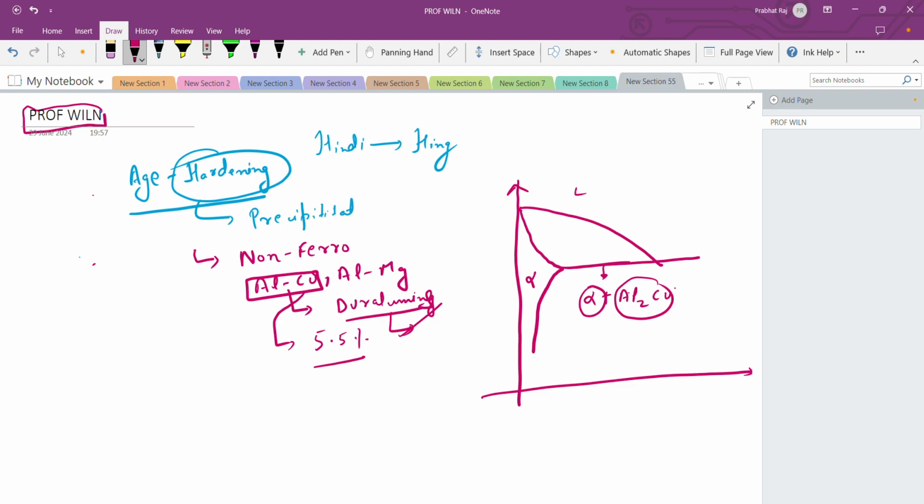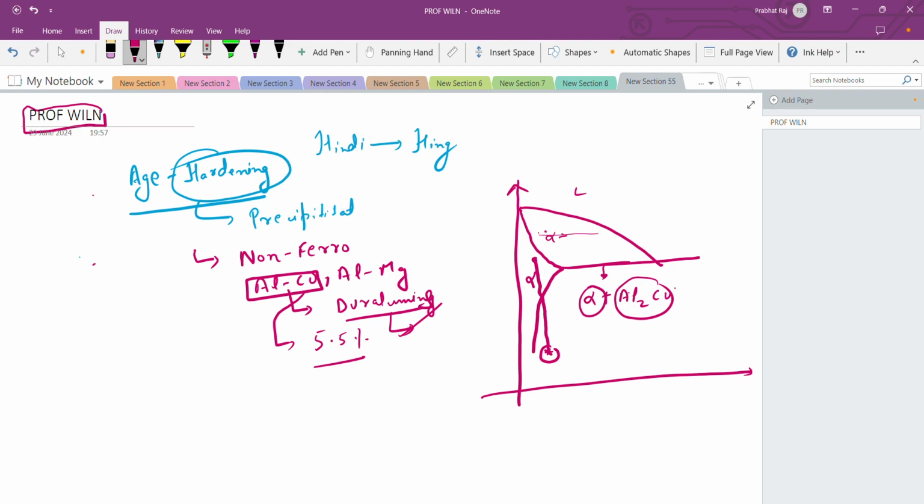So what Professor Wilm did, he took the sample at room temperature and heated it till this point. Why did he heat it till this point? Why not heat it beyond this point? Because this is a mushy region.